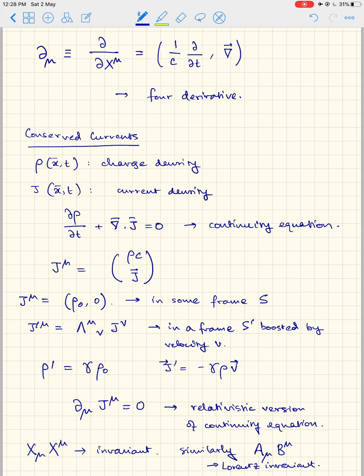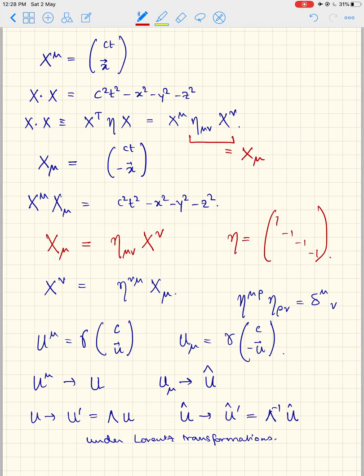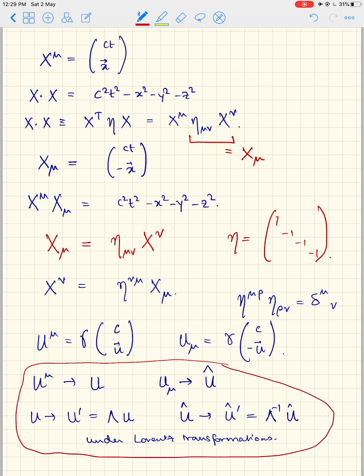So this particular thing is going to stay invariant under Lorentz transformations. This is true for any upper and lower indexed object.